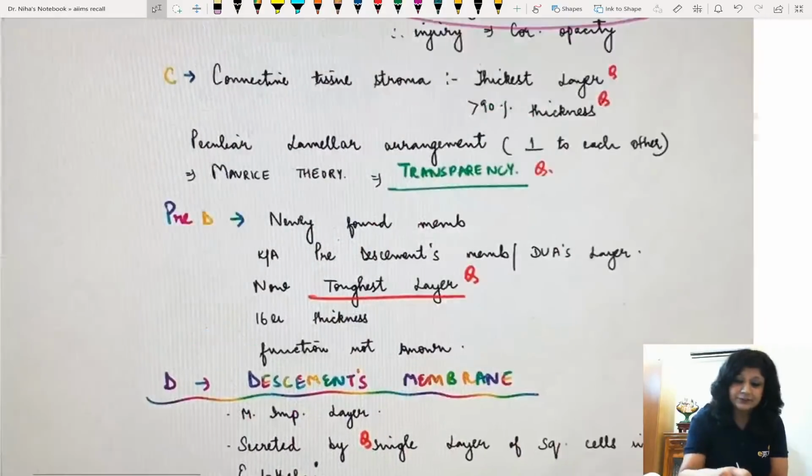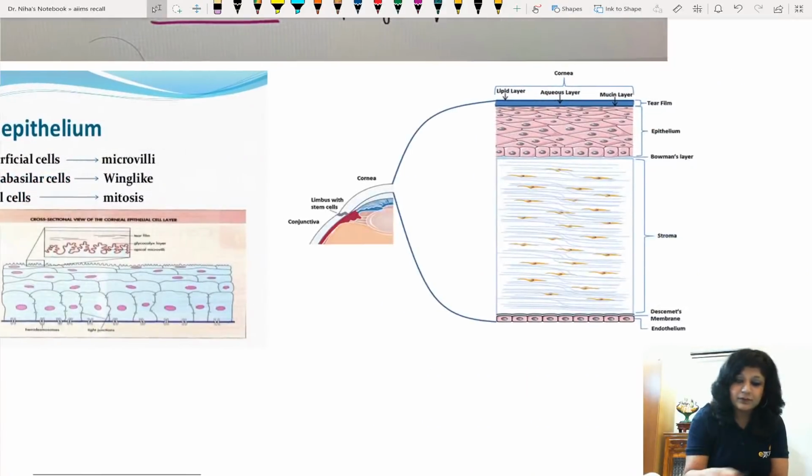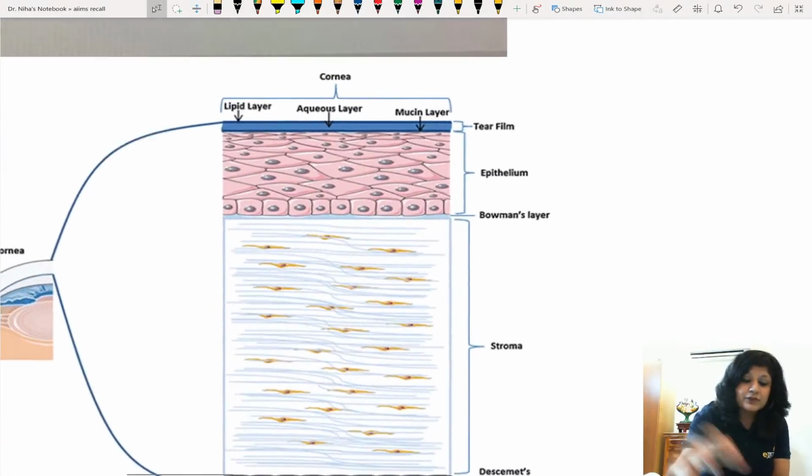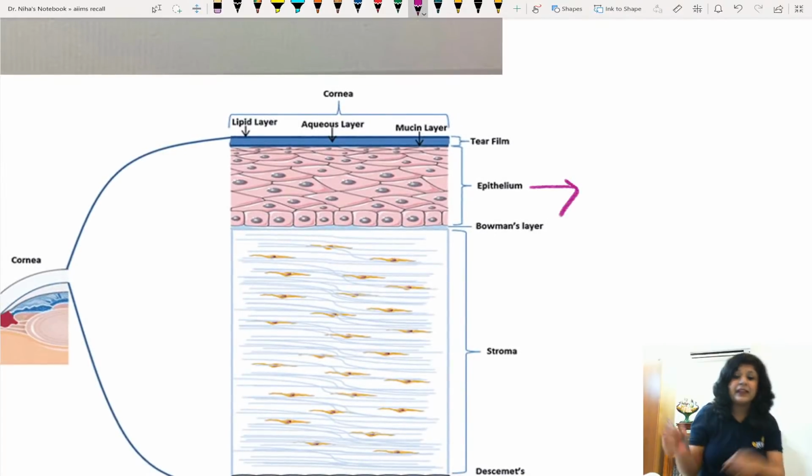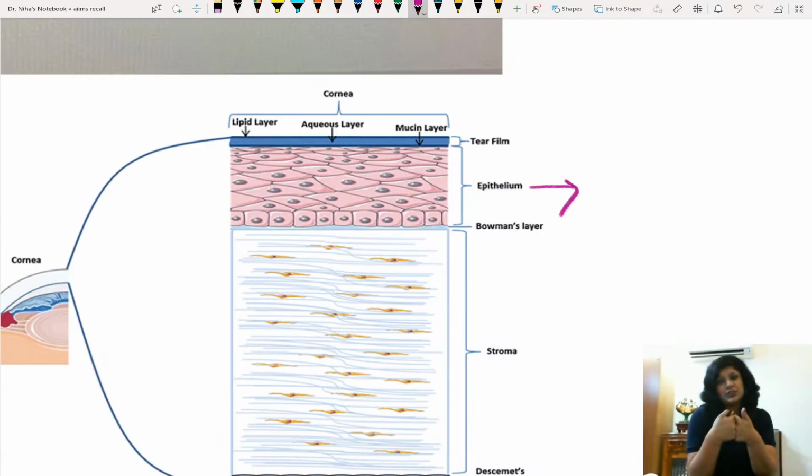If you see here, this is the epithelium. So we have got the junctional complexes or the tight junctions. That is why this fluid is not able to go to the stroma, right? So epithelium can regenerate and it is able to maintain the fluid levels, and it is not sending it to the stroma because of the junctional complexes.